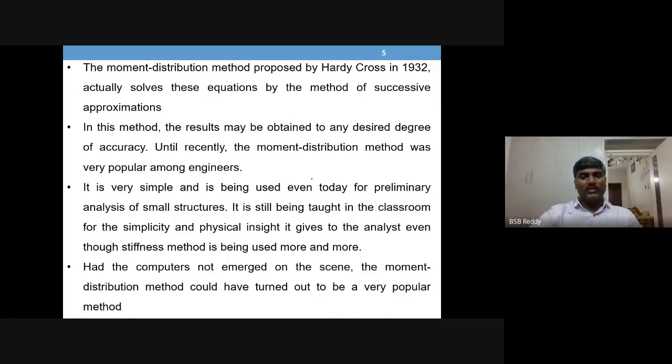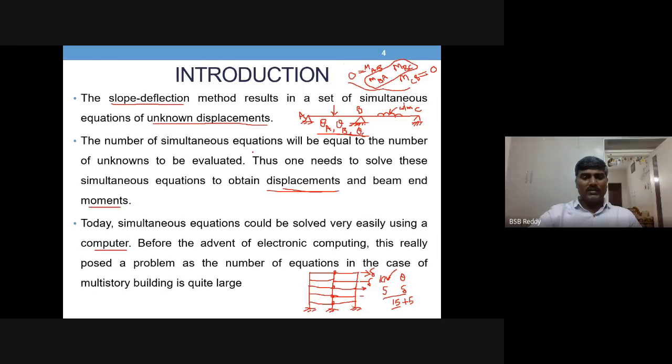Okay, so that's why you need a method where you can easily handle these simultaneous equations. That was proposed by Hardy Cross in 1932. So the method name is the moment distribution method. What he has done is very simple.